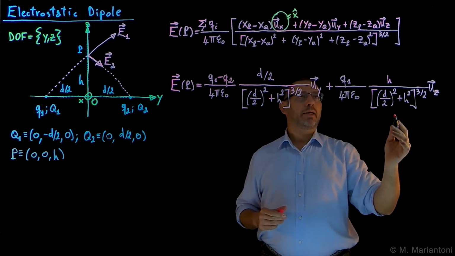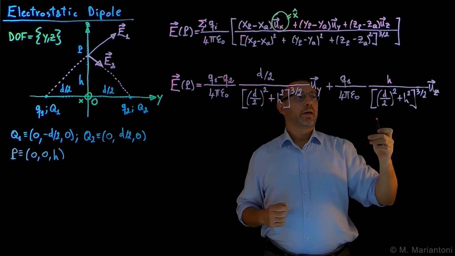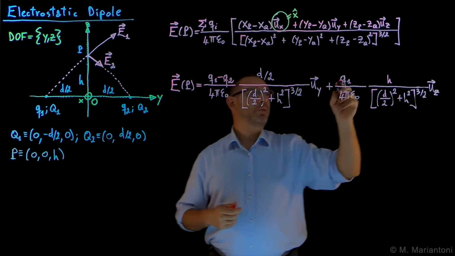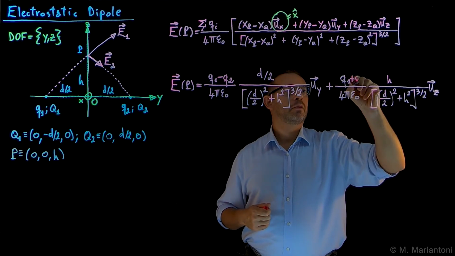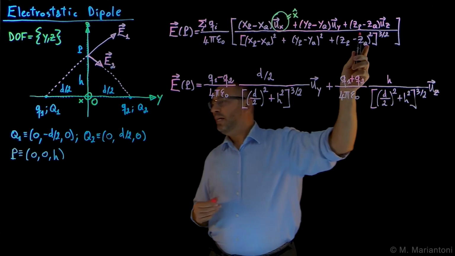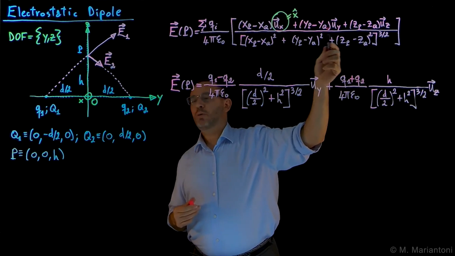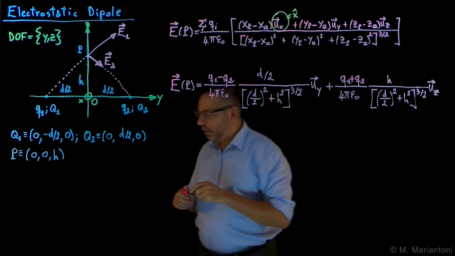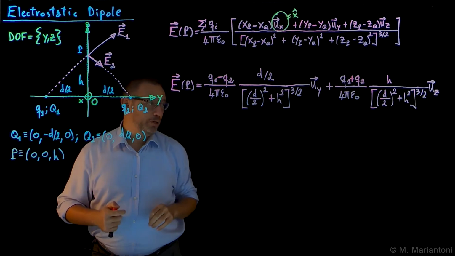Whereas here, in the case of u_z, clearly there is no difference whatsoever between the two, so we just simply sum them up. Because in the z direction, z_P is h, but z_Q is 0, and is 0 for both, so there is no sign in this case which we need to take into account.